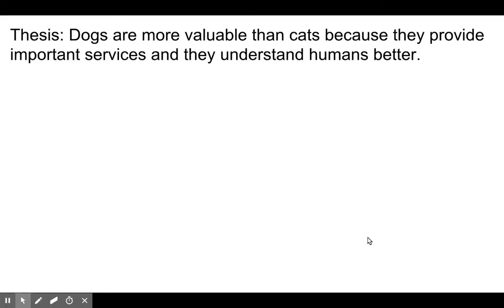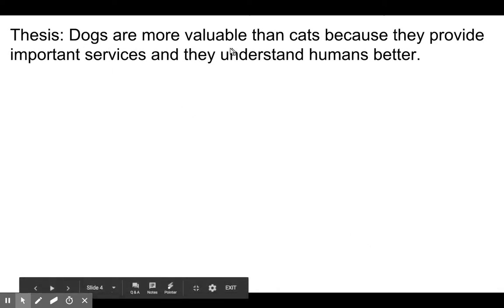Let's say we're writing an essay, and we have written the thesis, "Dogs are more valuable than cats because they provide important services and they understand humans better." This is a strong thesis for an argumentative essay because it takes a stand that dogs are more valuable than cats, and it gives 2 reasons.